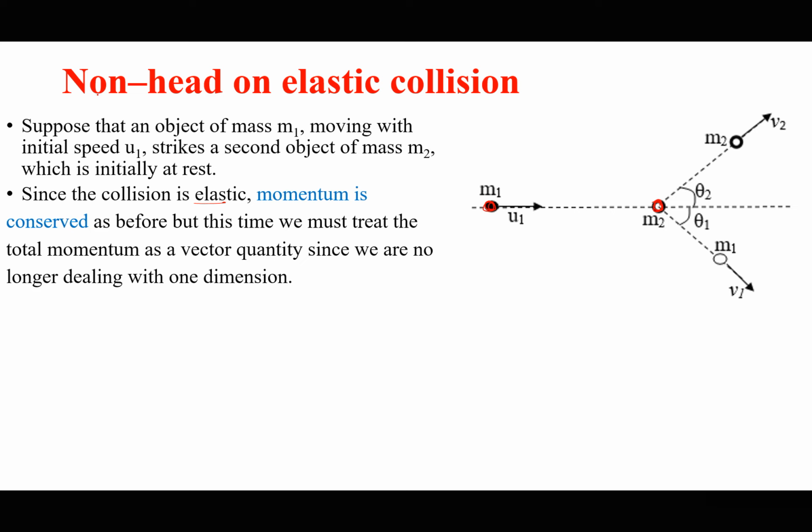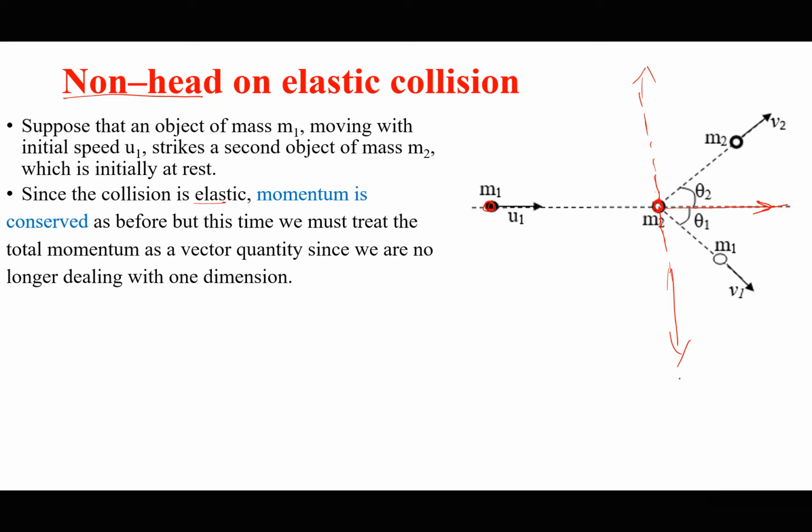Unfortunately, this kind of motion is not in one dimension, so we must consider two dimensions at two different instants. Because this is both in the horizontal and the vertical, we must consider momentum parallel to the initial direction of motion and perpendicular to the initial direction of motion, that is in the vertical, as shown with these arrows.